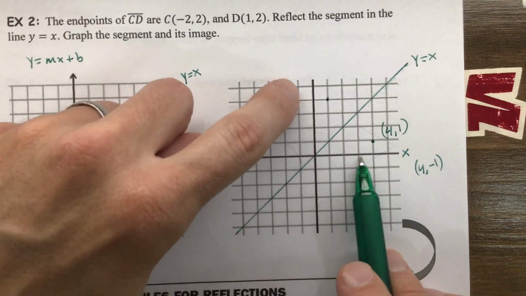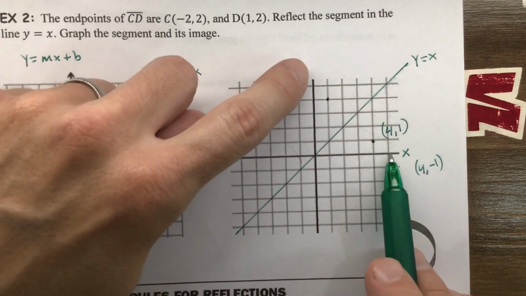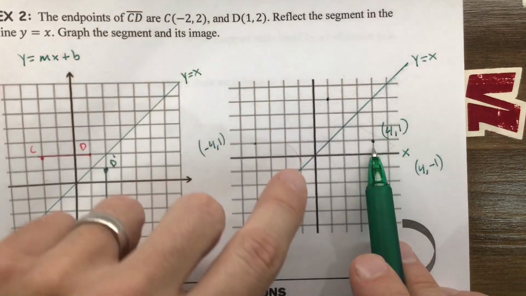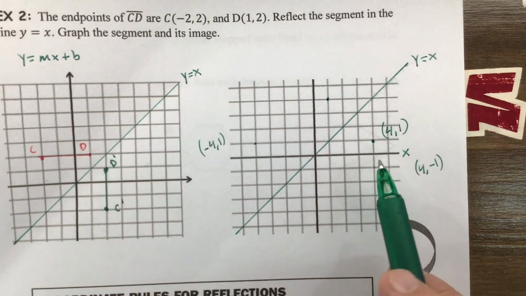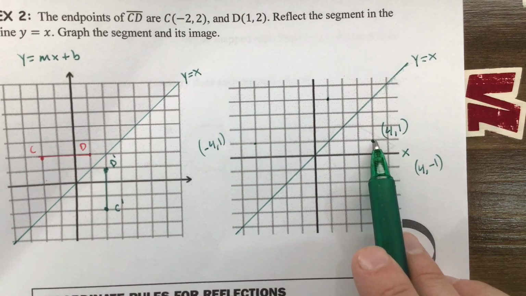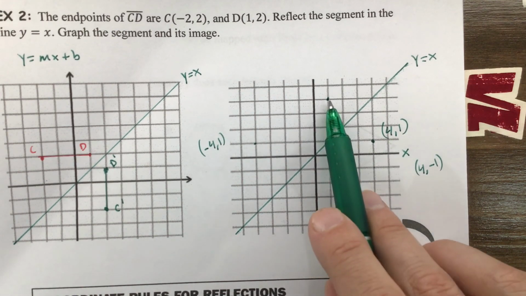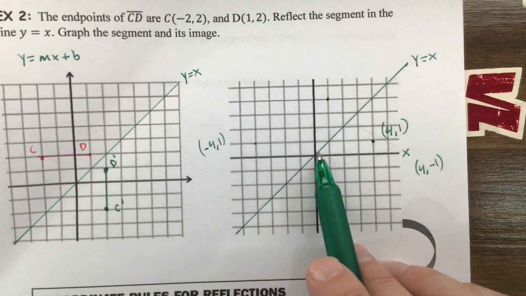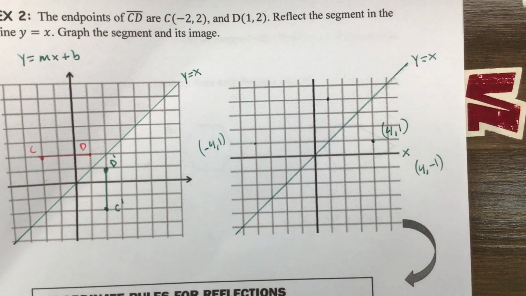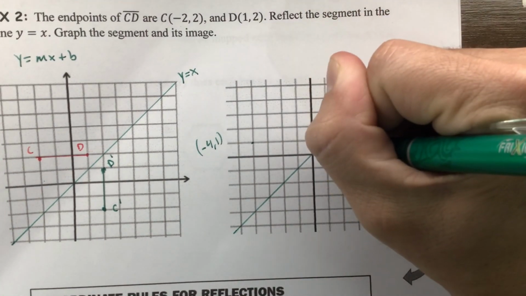All right, so say I went 5 units out on each one. That point and that point, they're going to match together when they get folded. All right, so now I can maybe do a bit of a comparison with, well, how far is that point from the x-axis? It's 1 unit in at a distance of 4 from the origin. Okay, so then that point's going to be 1 unit in with a distance of 4 from the origin. Okay, a lot of imagination going into this one to figure out where it is, but it's going to end up at this spot, which is the coordinate 1, 4.